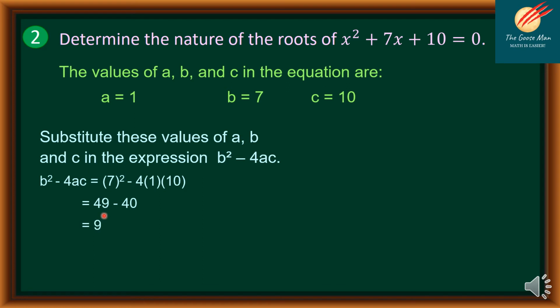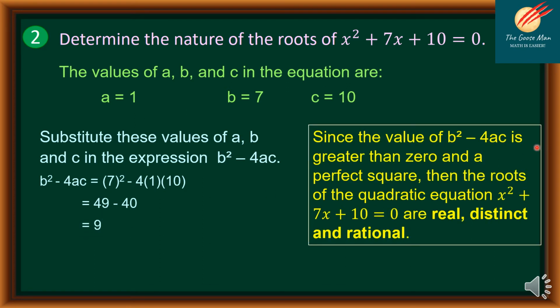So we come up with 9. What do we mean by this? Since the value of b squared minus 4ac is greater than 0 and a perfect square, because 9 is a perfect square number, then the roots of the quadratic equation x squared plus 7x plus 10 is equal to 0 are real, distinct, and rational.